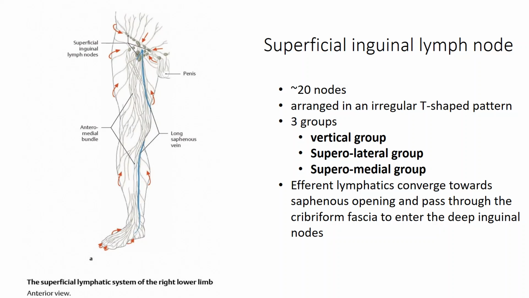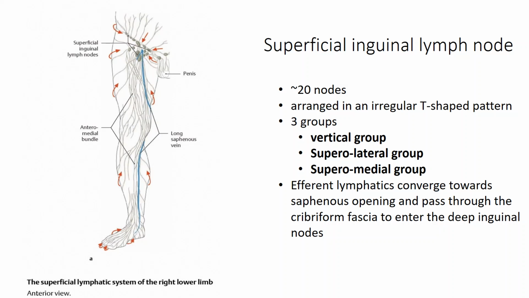They converge towards the superolateral group. The vertical group drains lymphatics from the leg, the foot, the knee, and the lower portion of the thigh. Finally, the efferents from these superficial nodes converge towards the saphenous opening and pass through the cribriform fascia.